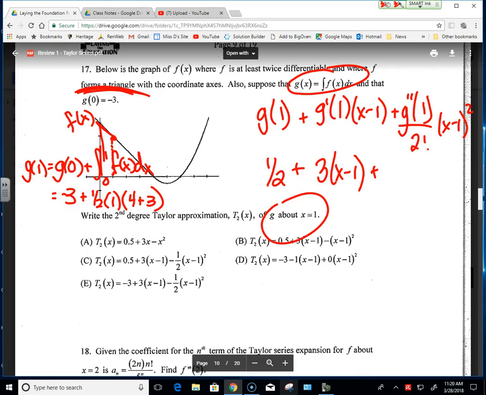Pause. Haven't I taught you guys for these accumulator functions to write out g is the integral, g prime is equal to f? What would g double prime be? And f prime is the slope of the tangent, and the slope of the tangent we already talked about. Match it.